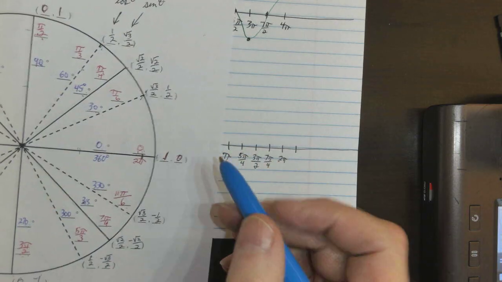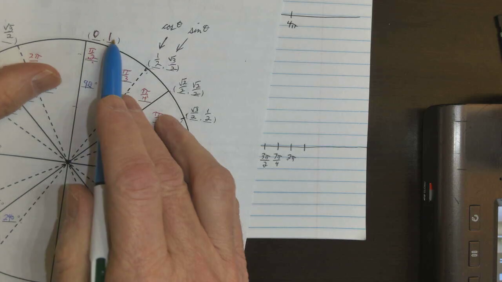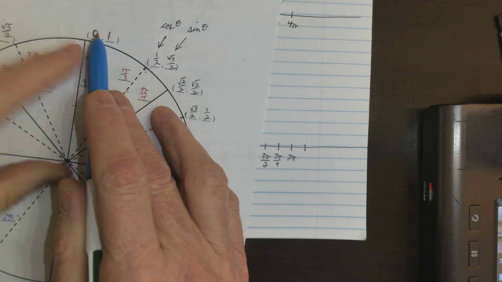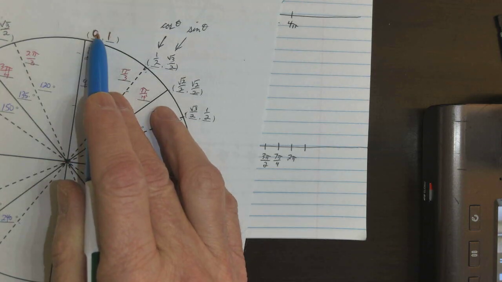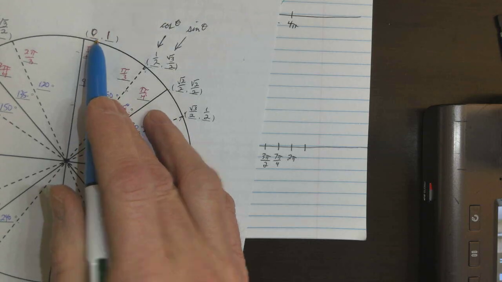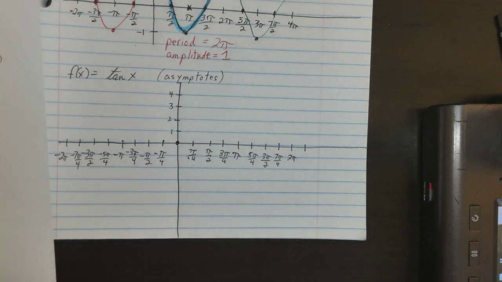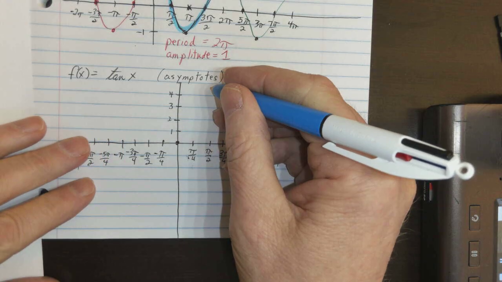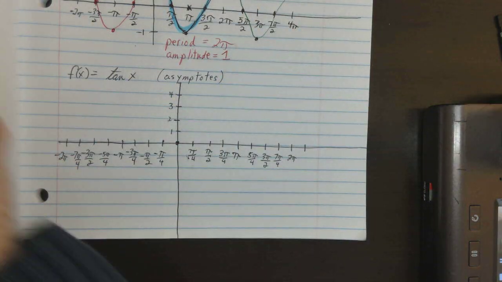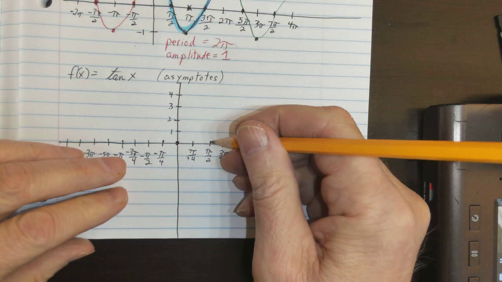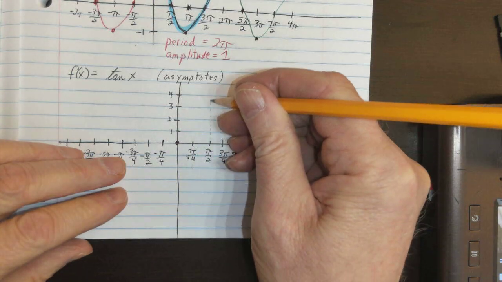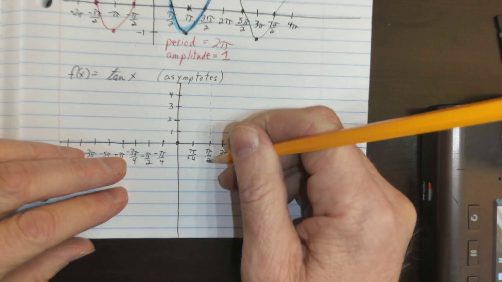What I want you to think about here is that at pi over 2, 1 divided by 0 is undefined. The tangent is undefined at pi over 2. So I'm going to go to a pencil here. This is not part of the graph, but it is an asymptote.